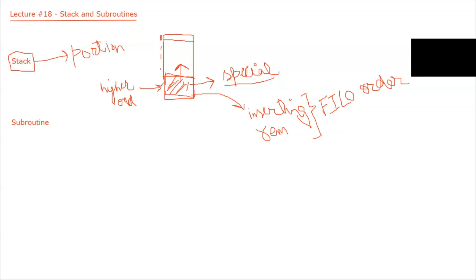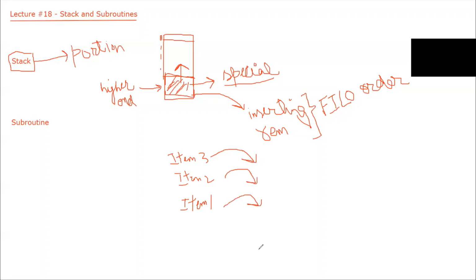So that means if I have inserted 3 items in this memory, let's suppose first item 1, then item 2, then item 3, then the first item that I can remove is item 3, then item 2, then item 1.